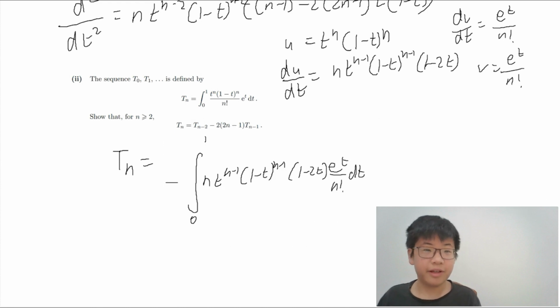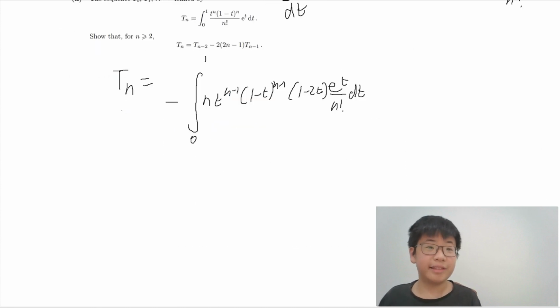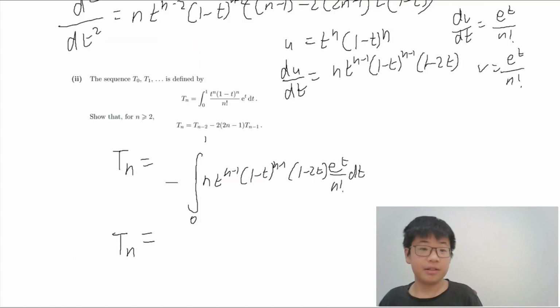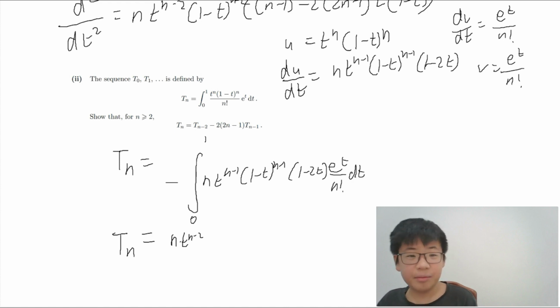Great. And so we can deduce further that Tn would now be equal, Tn equals, and u will be this, and then du over dt will be that monstrous thing we saw earlier. That. So, this will be n t^(n minus 2). Actually, you see the monstrous thing up there?